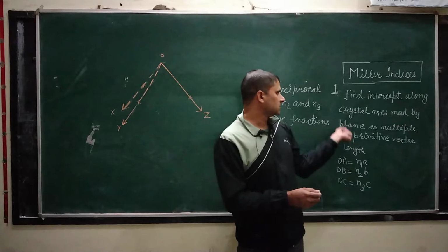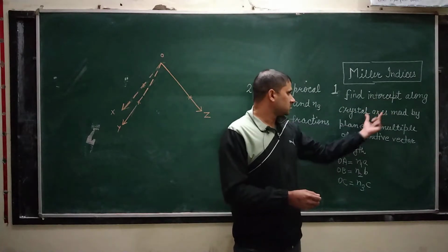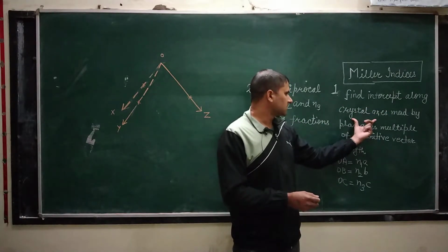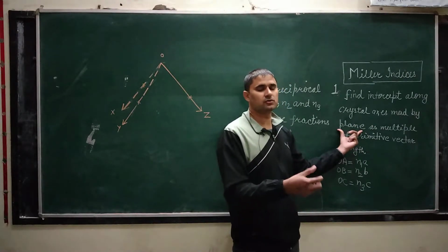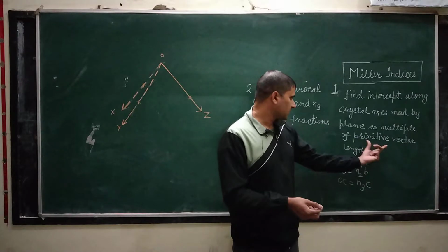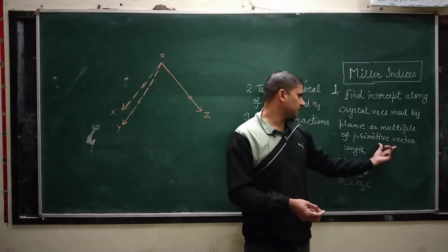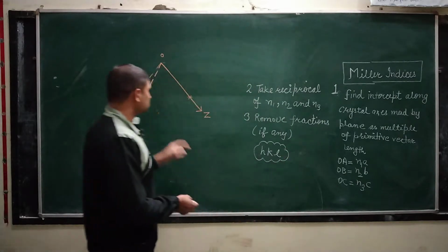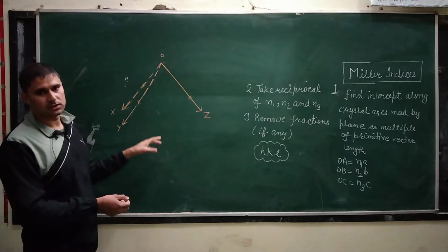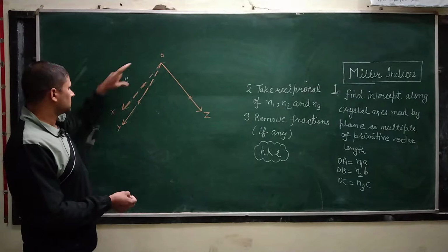We will find the intercepts on the crystal axes made by the plane whose Miller indices you want to find out, as multiples of the primitive vector length. Suppose we have this type of arrangement.